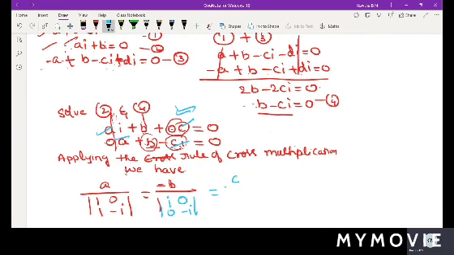Then take c, then consider c terms. Don't take the last column. Take the coefficient of a and b. The coefficient of a is i, then the coefficient of b is 1, then the coefficient of a is 0, then the coefficient of b is 1.